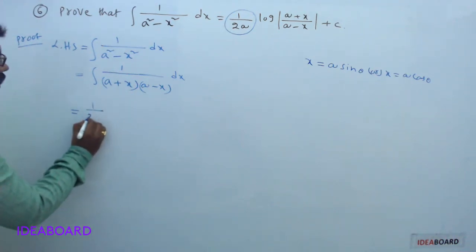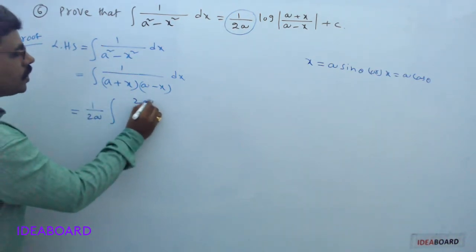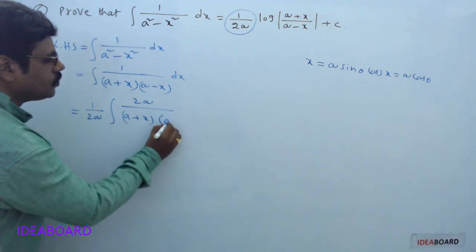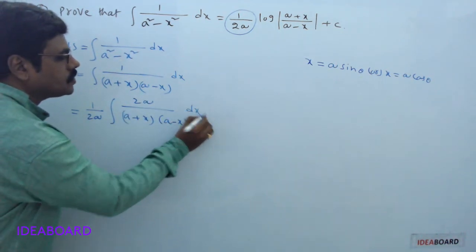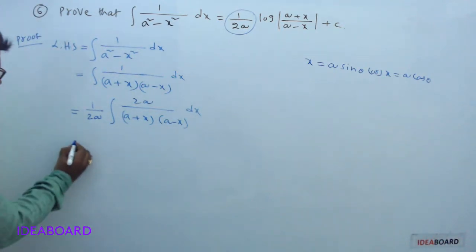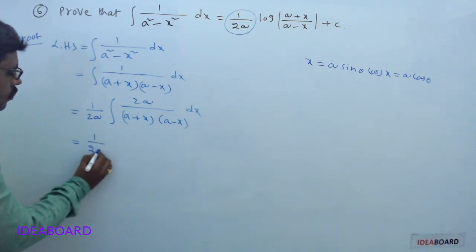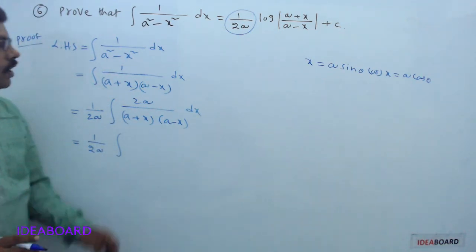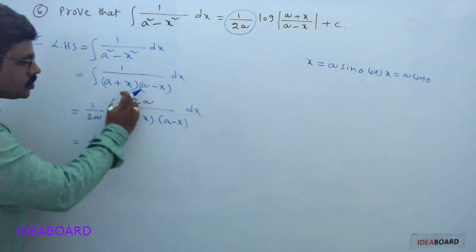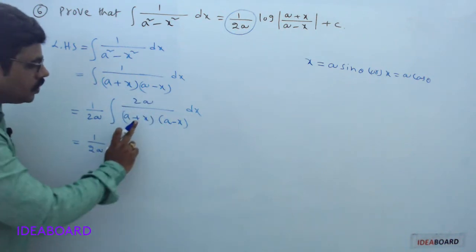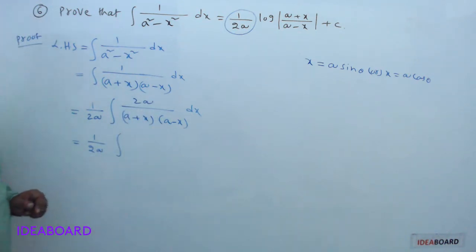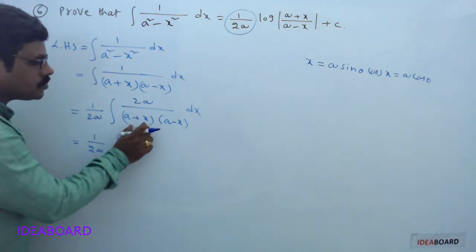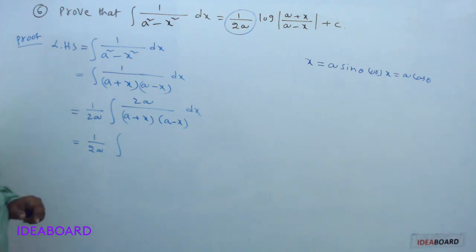Dividing and multiplying by 2a, we get (a plus x) into (a minus x) dx. Now this equals 1 divided by 2a into the integral. Here try to convert this 2a in terms of a plus x and a minus x.